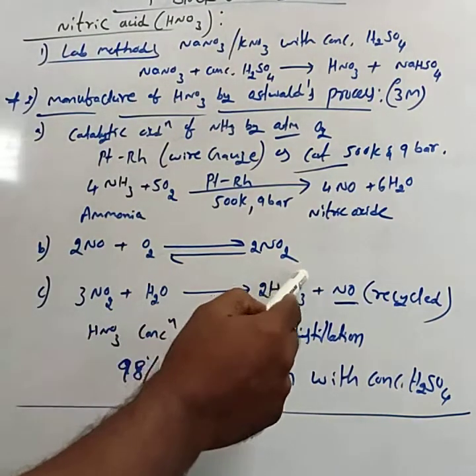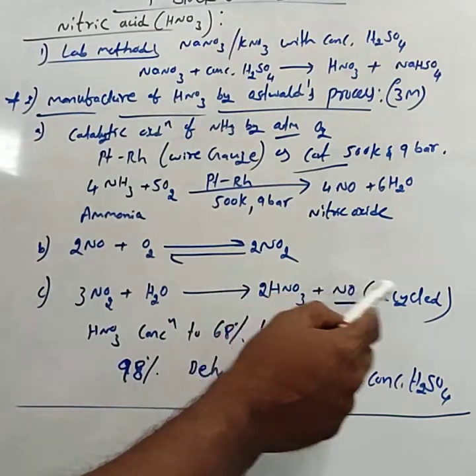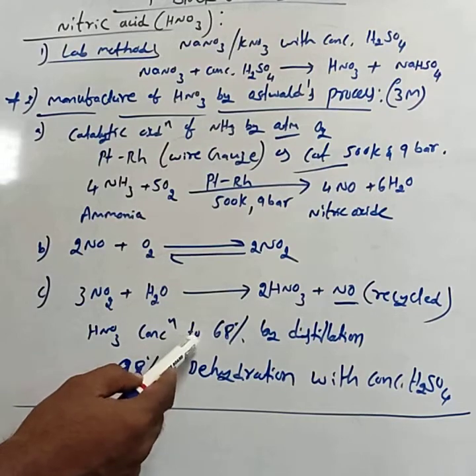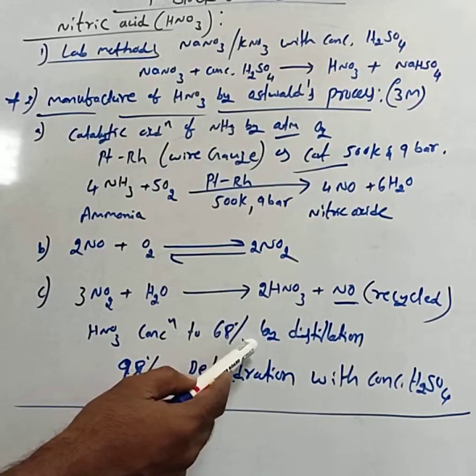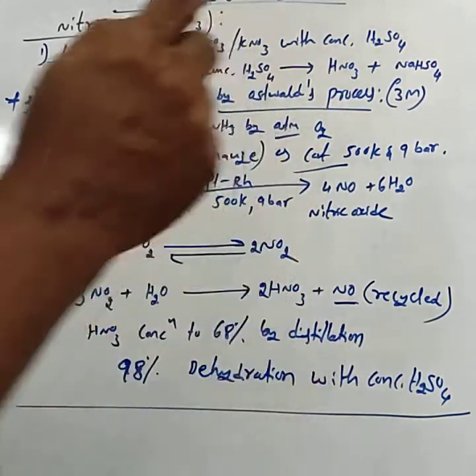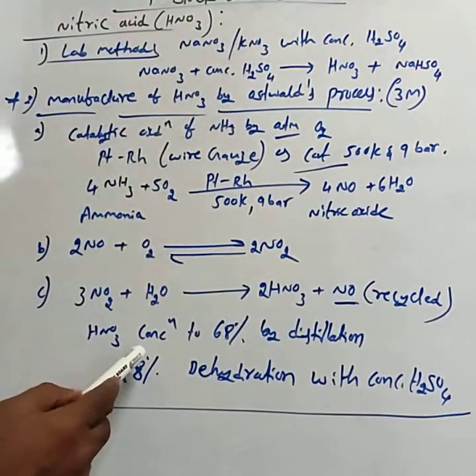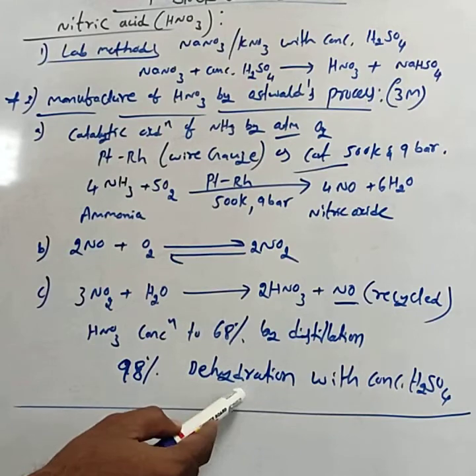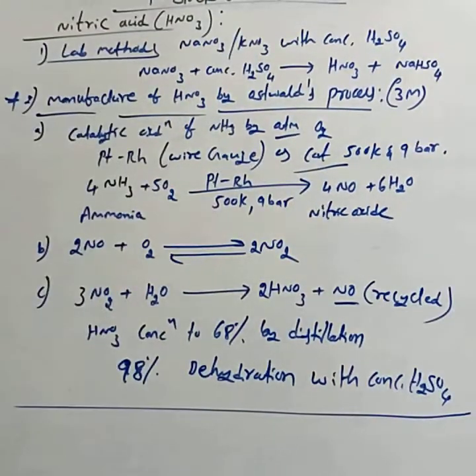Here HNO3 is formed and NO is recycled. The formed HNO3 is concentrated to 68% by mass by distillation, and further concentrated to 98% by dehydration with concentrated H2SO4.